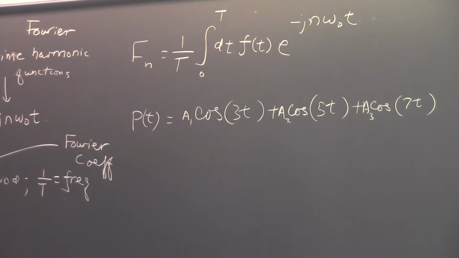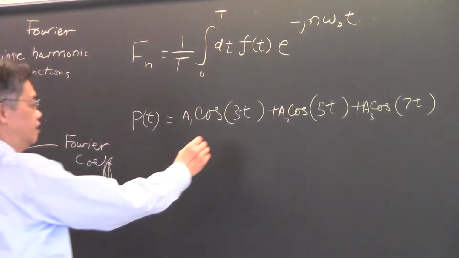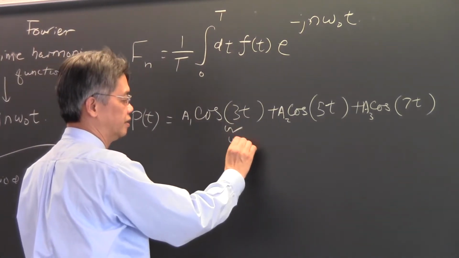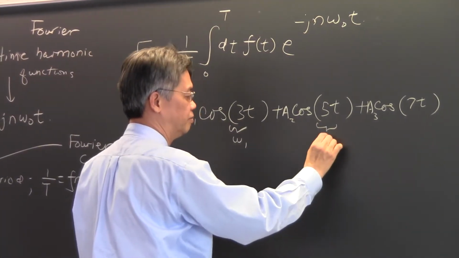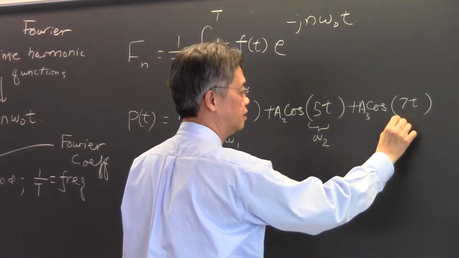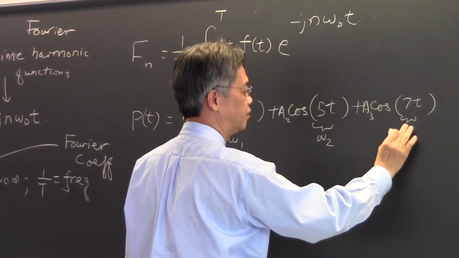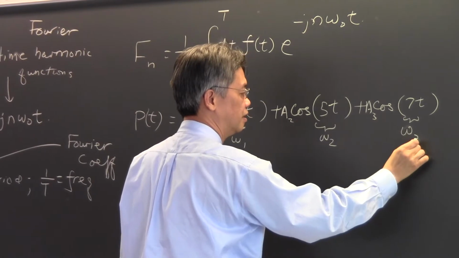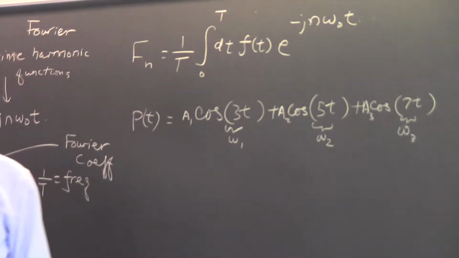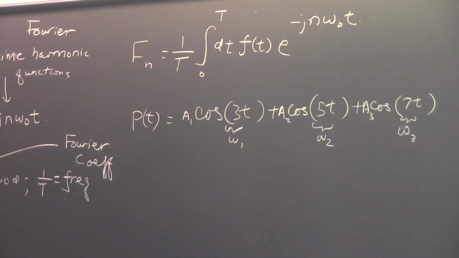It is, because it shares a lowest common divisor in terms of the frequencies. There are 3 frequencies here, omega 1, omega 2, and omega 3, and there is an integer common divisor among them. What is the integer? 1. Okay, all of them will be divided by 1.